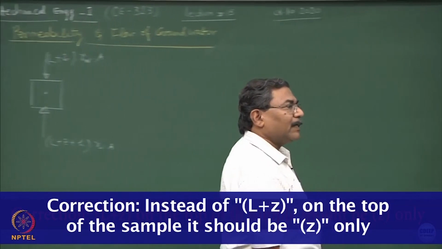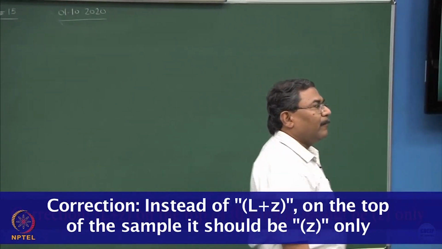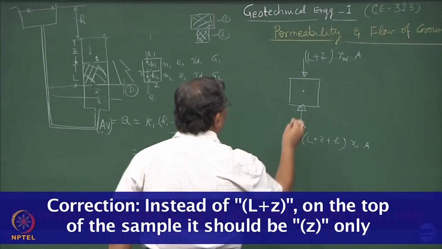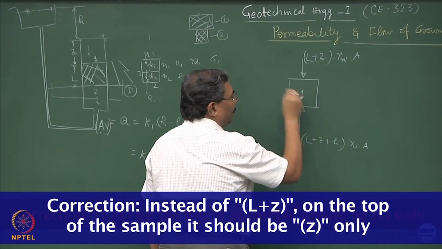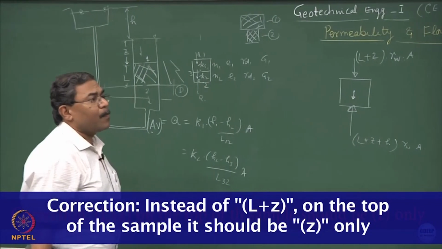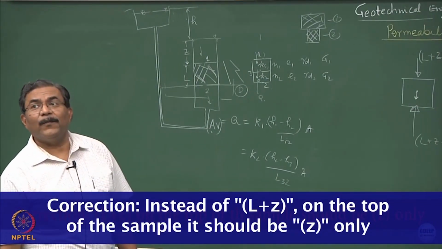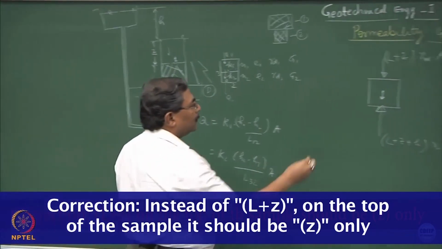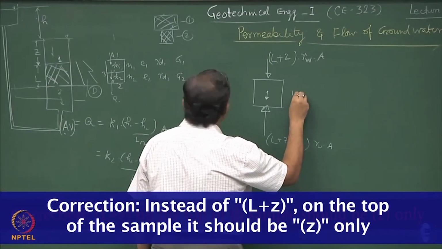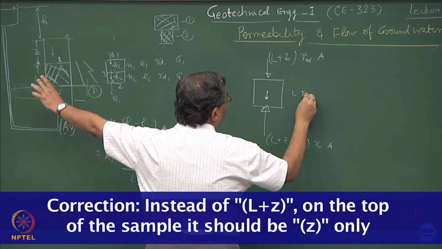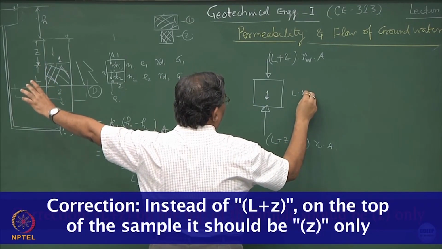What is the other force which is acting on this element? Very good, excellent. So, what is the weight component? Yes. So, weight will be equal to L, very good, L, what gamma?